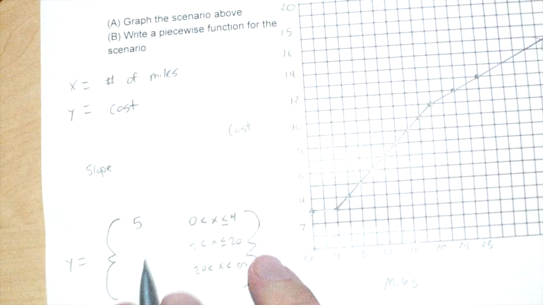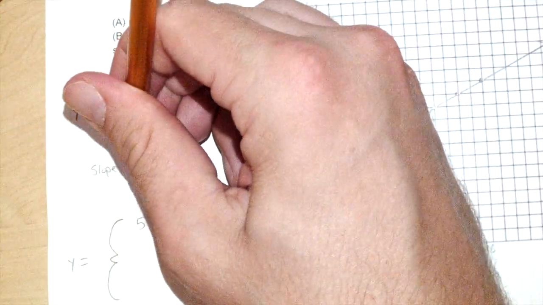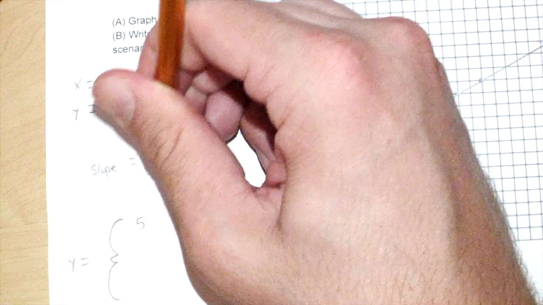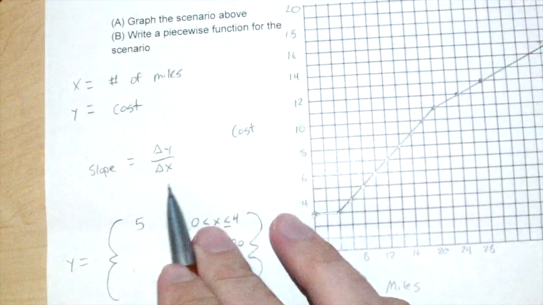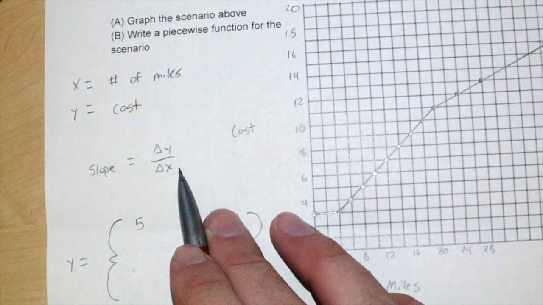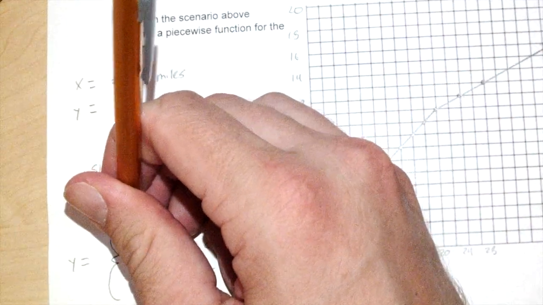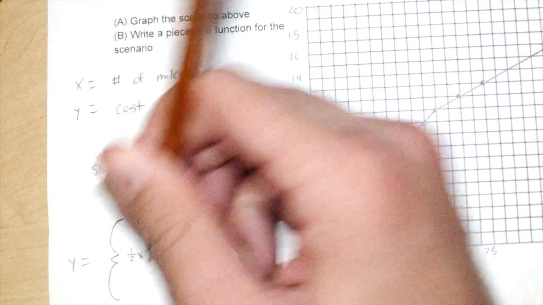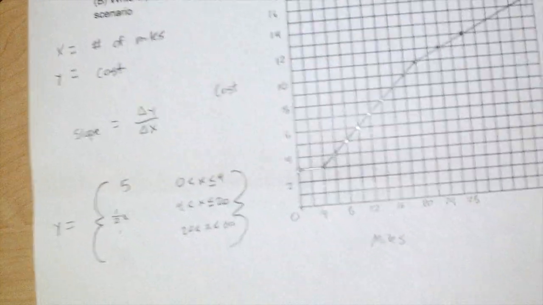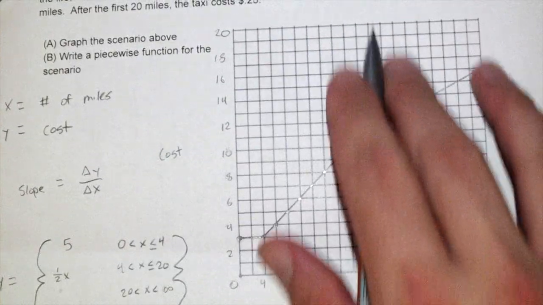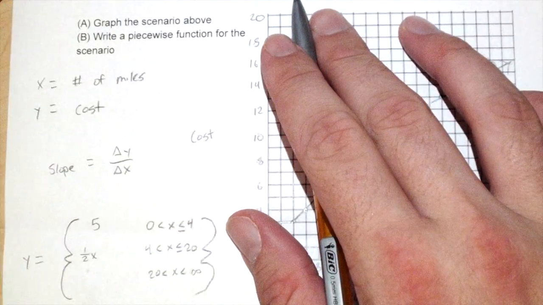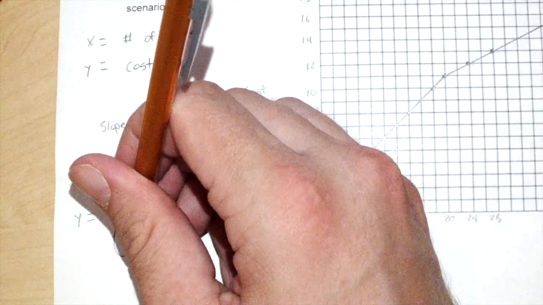And right now we're trying to find the slope. So every mile, y goes up 50 cents or 1/2. So the slope here is going to be 1/2. We can actually just plug in our slope for the third part now too. The slope is eventually going to be 1/4.